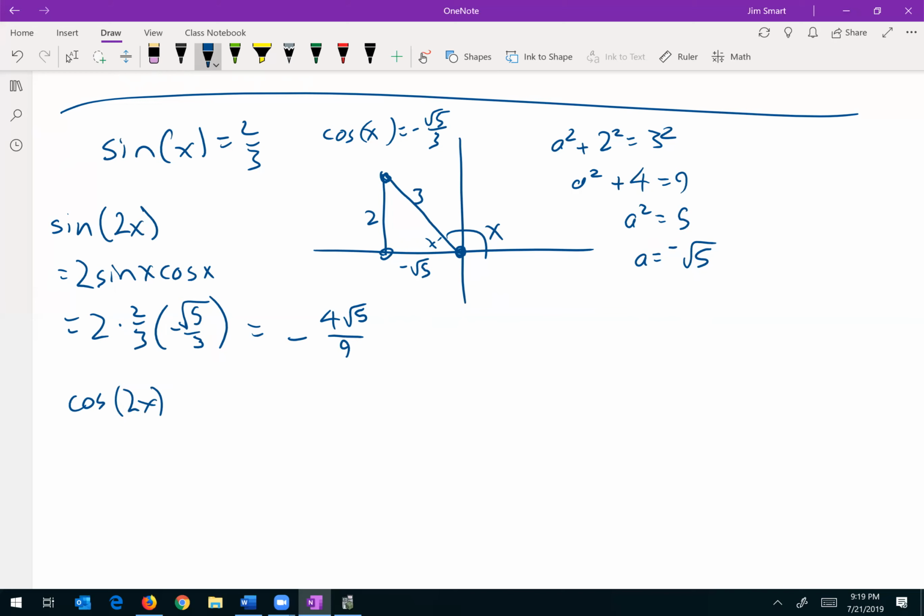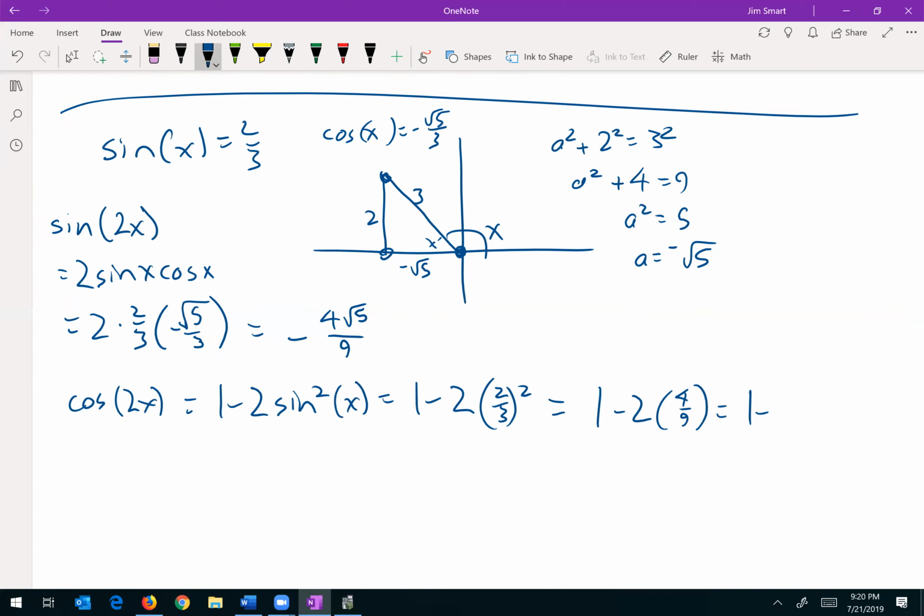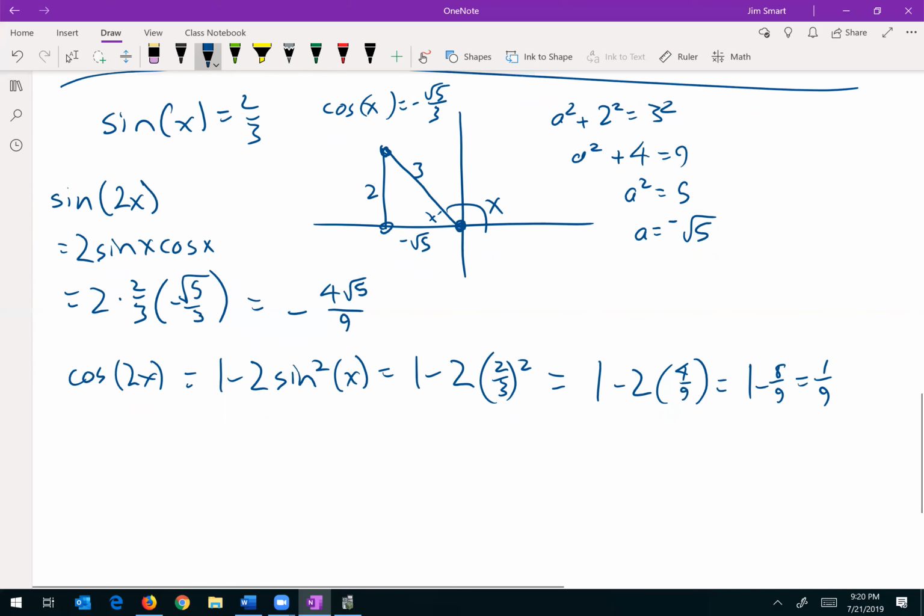Since I was given the sine first, it's 1 minus 2 sine squared of x, which is 1 minus 2 times 2/3 squared. So that's 1 minus 2 times 4/9, which is 1 minus 8/9. So that's 1/9. So the sine of 2x is negative 4 square root of 5 over 9. The cosine of 2x is 1/9.